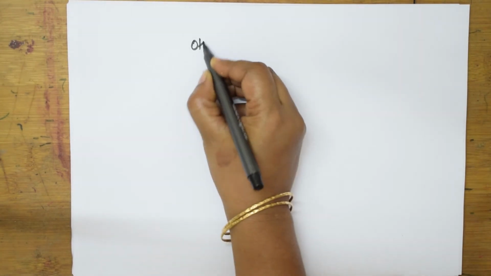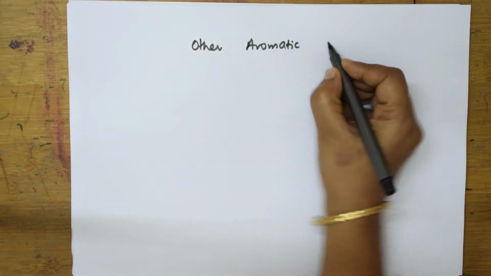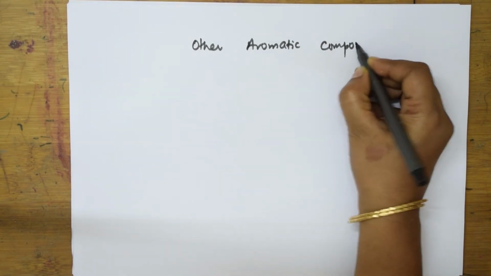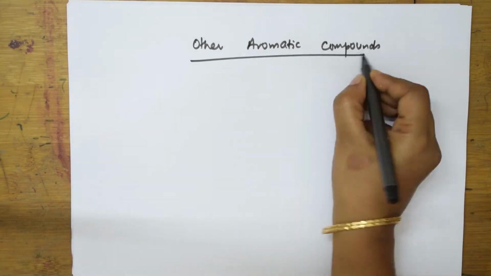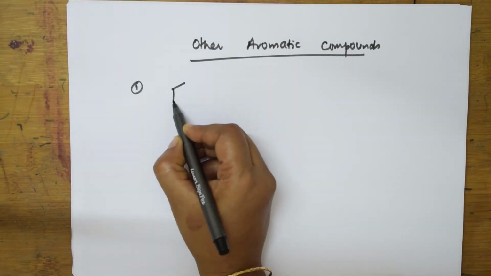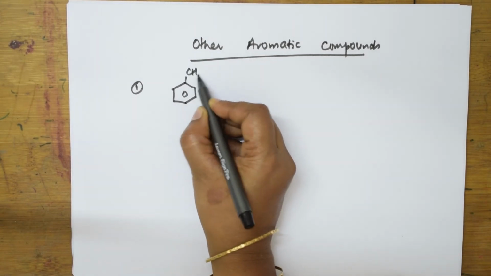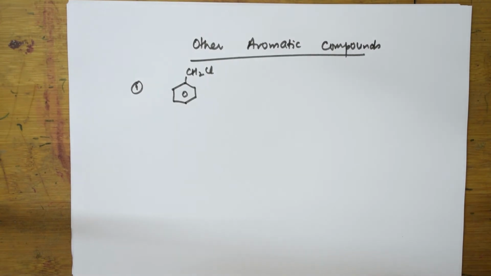Now let's come back and see one more class, and that is other aromatic compounds. I'm going to show you different examples. A lot of examples we will do. Suppose I have a benzene ring, and I'm going to have it like this.